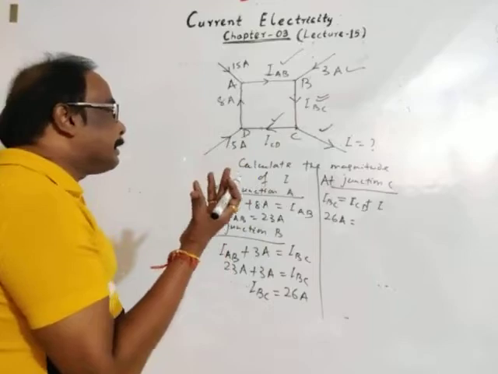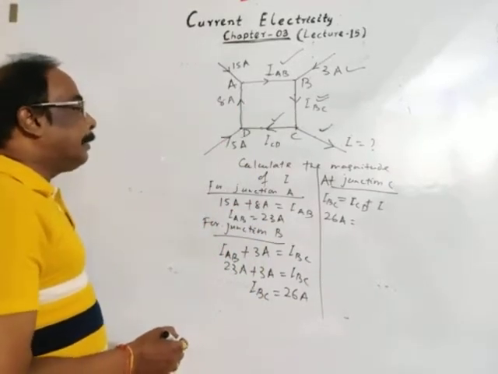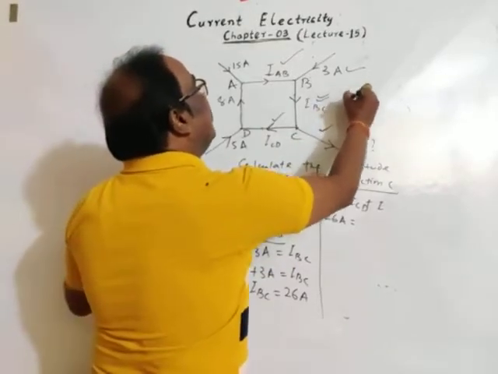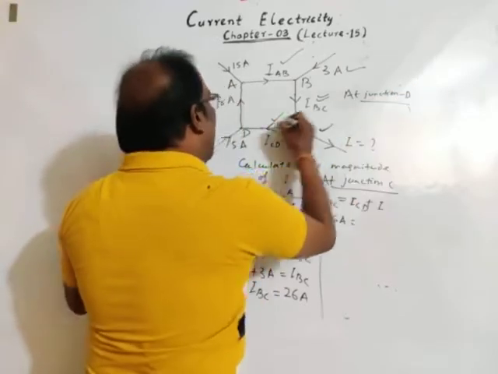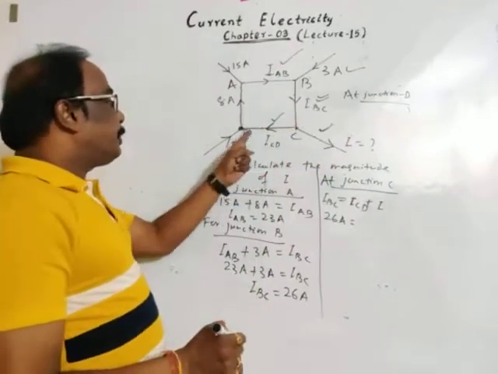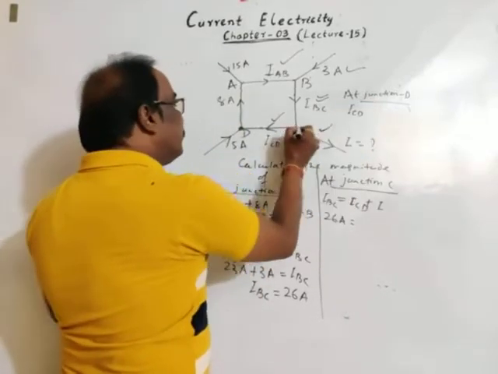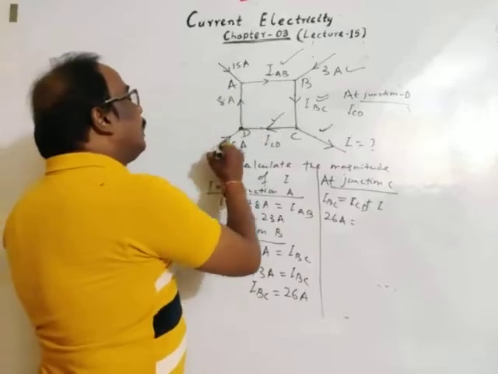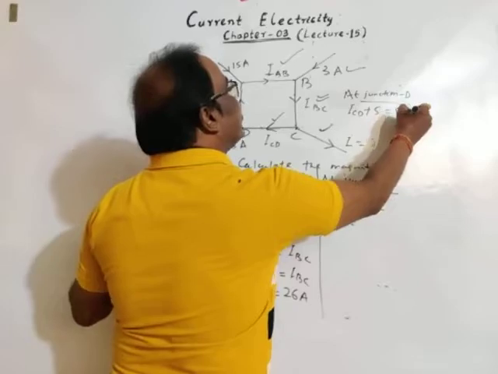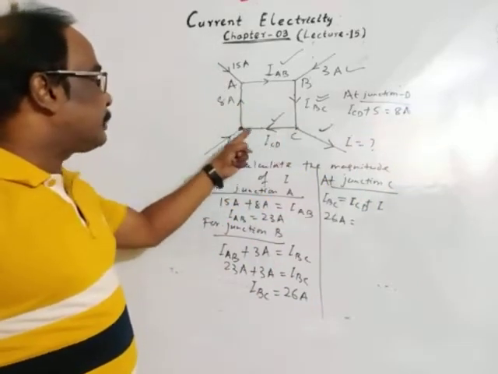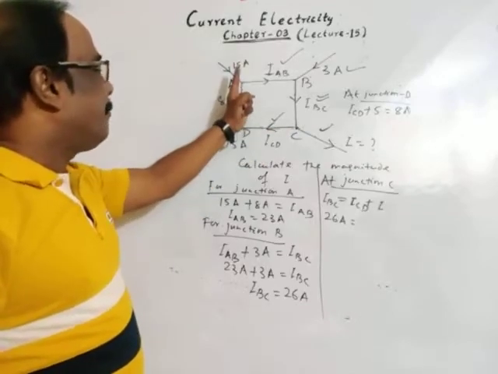Then what is ICD? We have left junction D. At junction D, ICD and 5 ampere are incoming, and 8 ampere is outgoing.